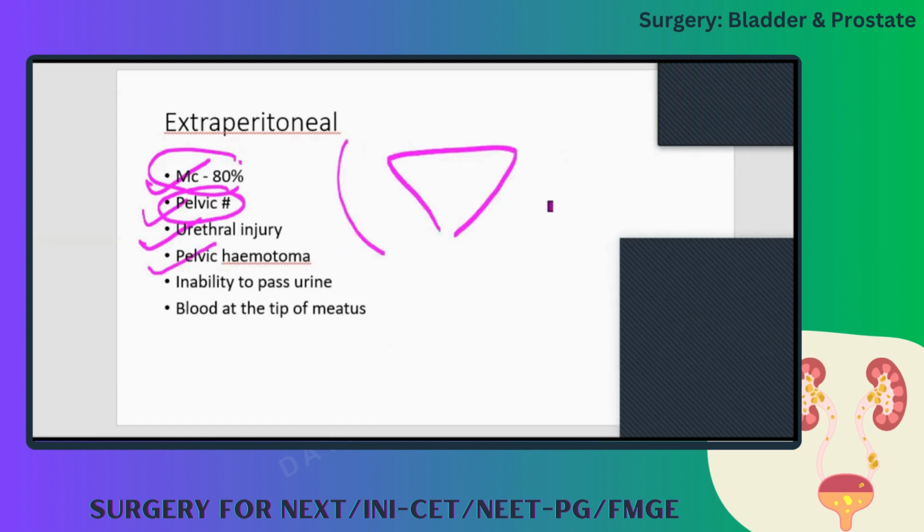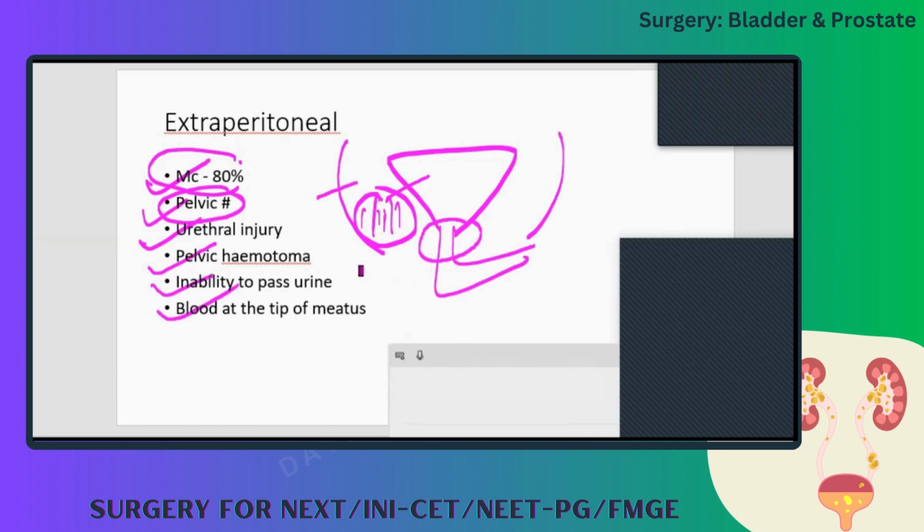There will be a pelvic hematoma because the pelvis has fractured. The patient will have inability to pass urine, and there will be blood at the tip of the meatus because the urethra also is damaged. So these are the findings of extraperitoneal injury.